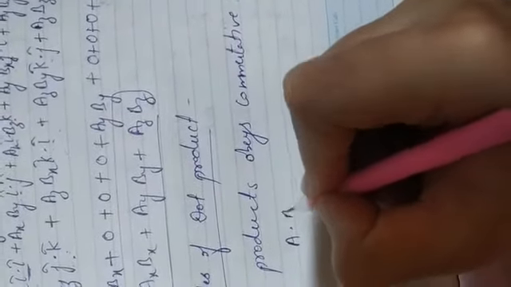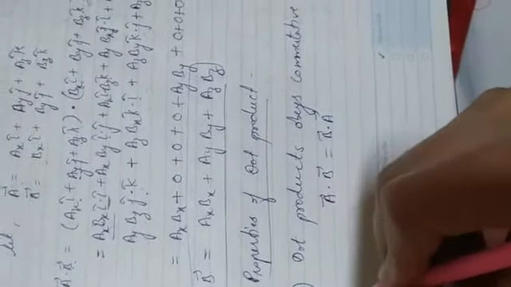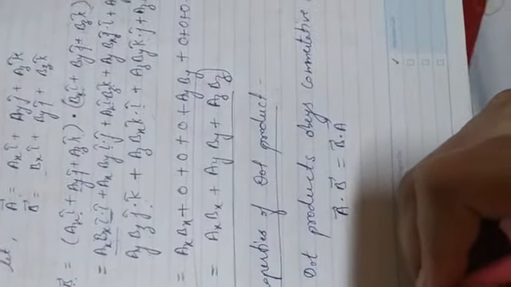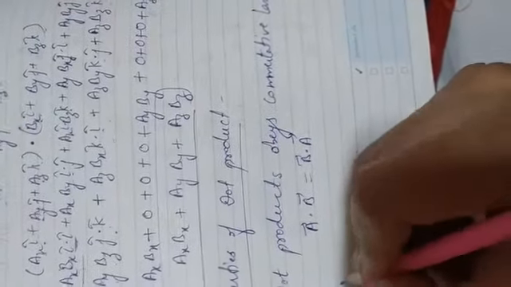Commutative means a dot b vector is equal to b dot a vector, like this. Second, the dot product follows the distributive law.